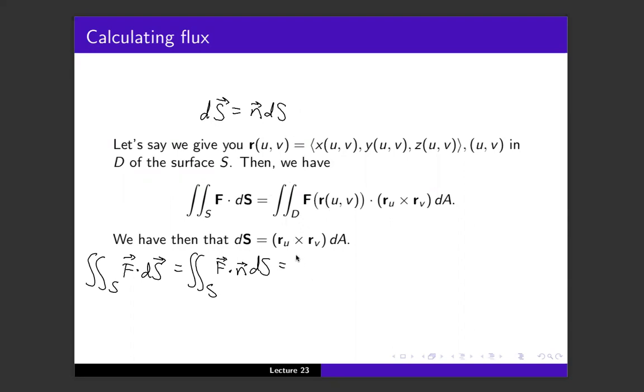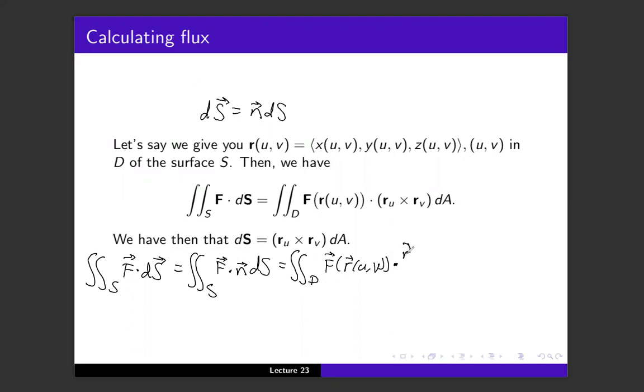Well, that's going to be the double integral over D of f of r(u,v) dotted with n. Now, what's n? N is, oh, not S, I'm sorry, D, the domain of the parameterization.